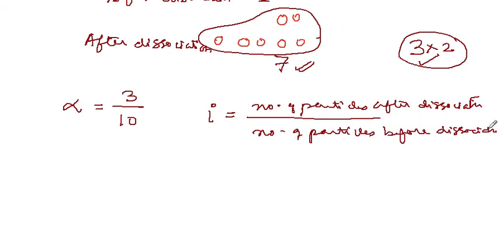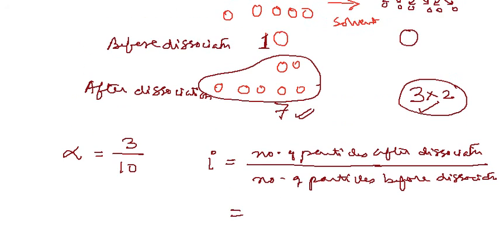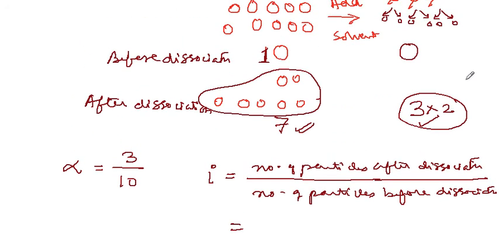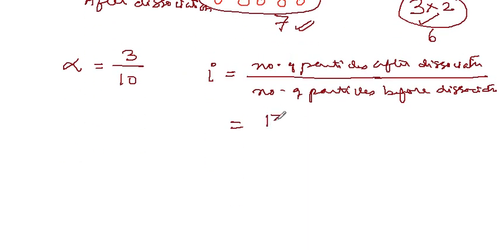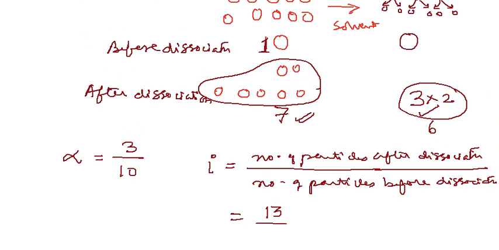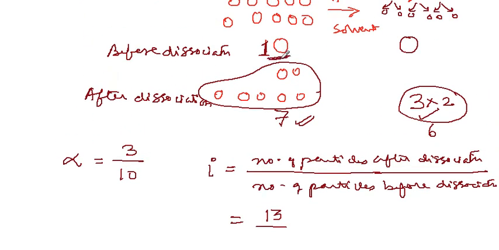So in that respect, the number of particles after dissociation, that is 7 and 6 together, is 13, and the number of particles before dissociation was 10.